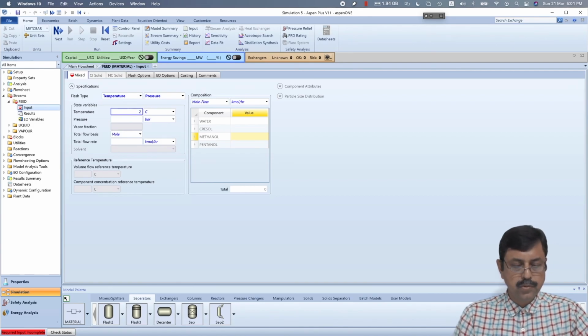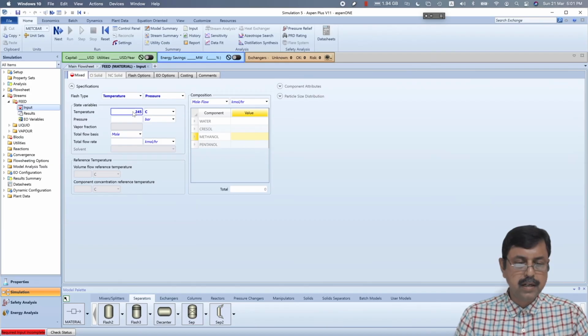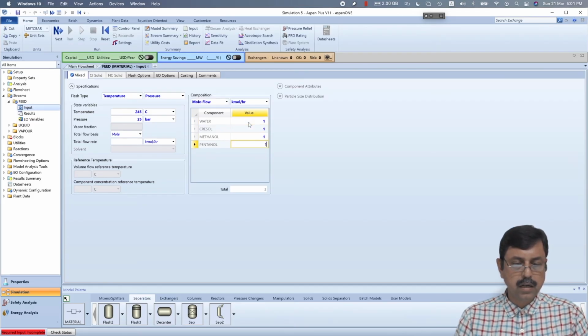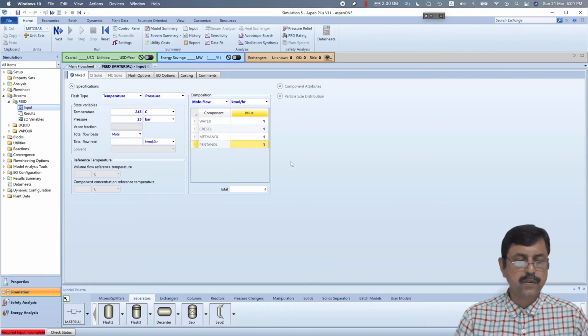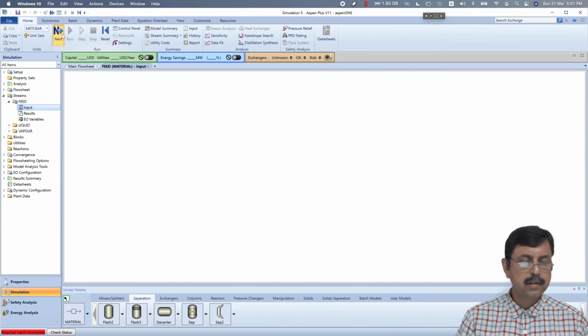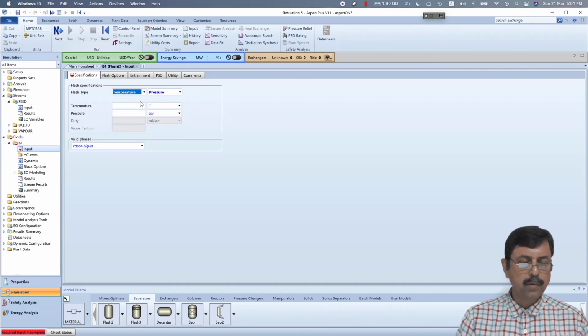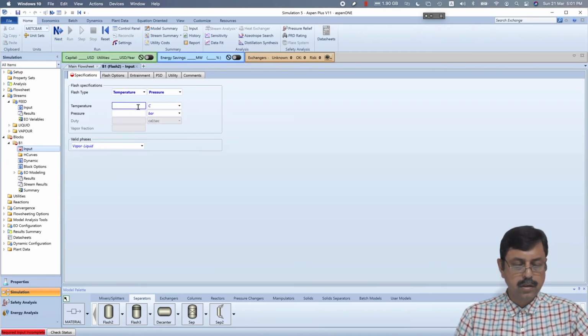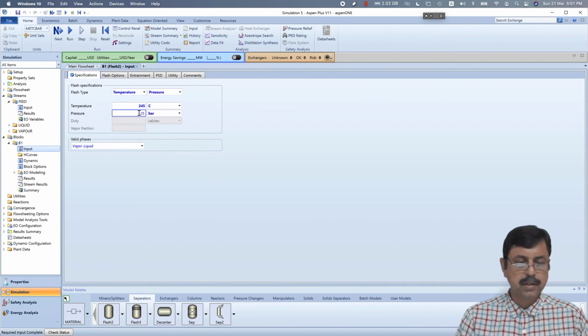So 245 degrees centigrade and 25 bar pressure, and all of them are an equimolar mixture. Press next. Okay, block again 245 degrees centigrade and 25 bar pressure.